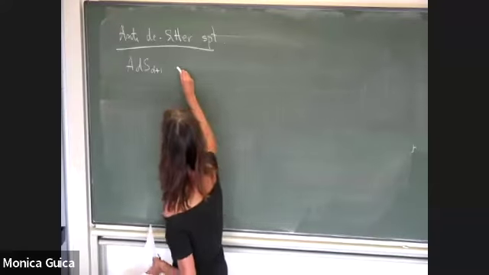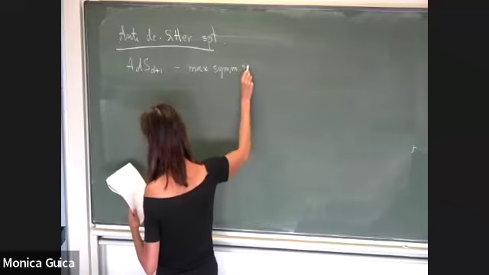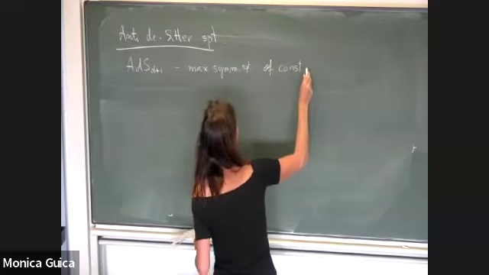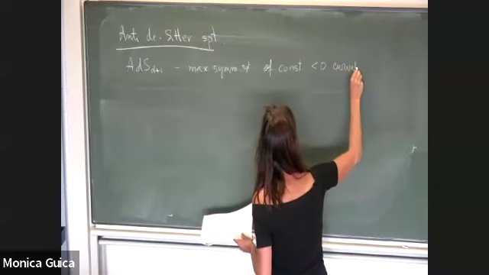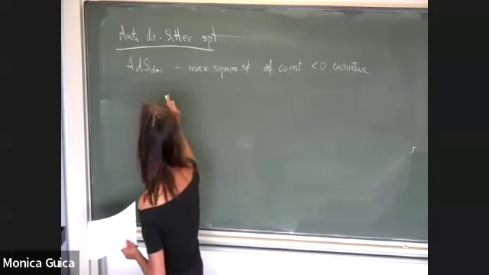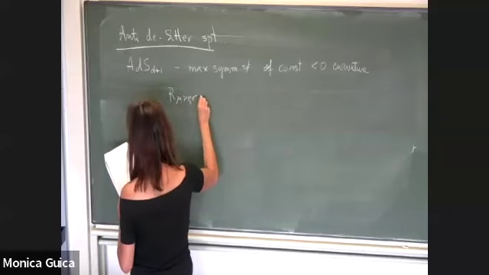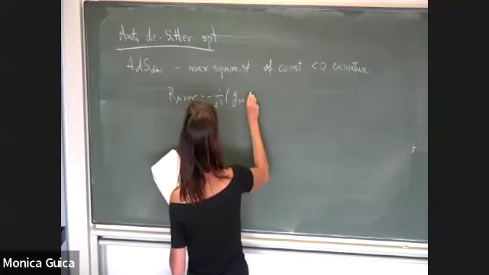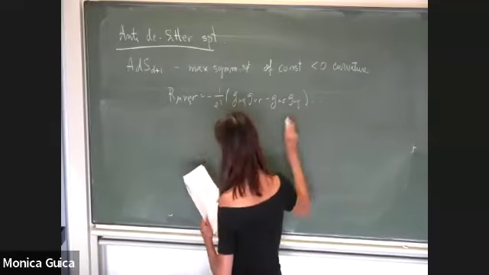So these are maximally symmetric spacetimes of constant negative curvature. Because they're maximally symmetric, their Riemann tensor can be entirely written in terms of the metric. So R_{μνρσ} is -1/L² (g_{μρ} g_{νσ} - g_{μσ} g_{νρ}).